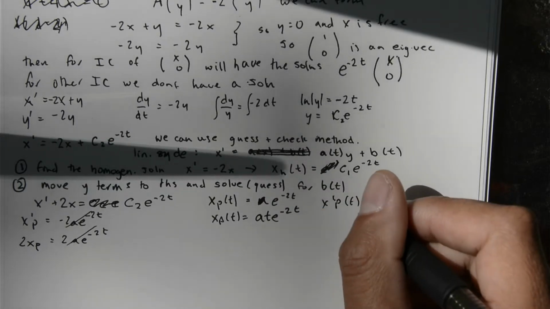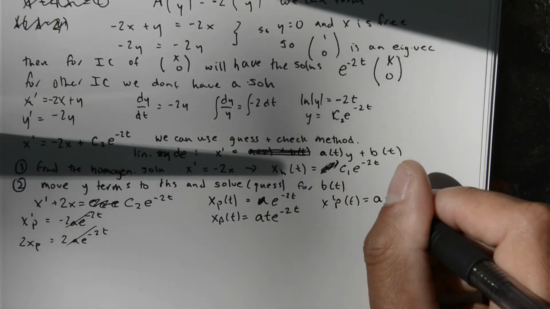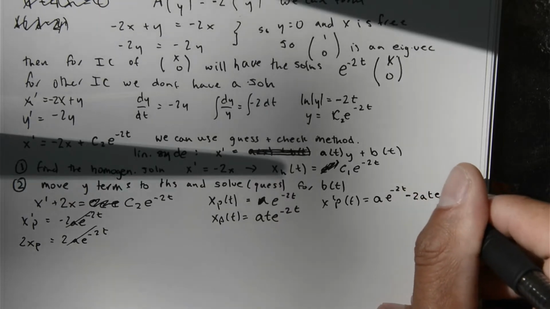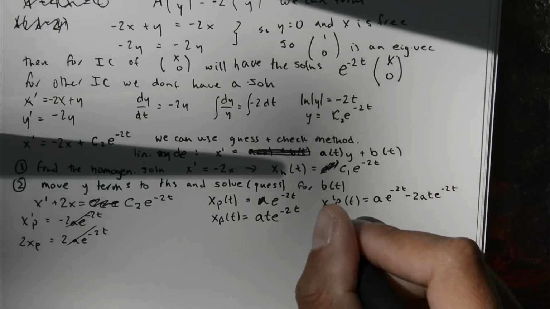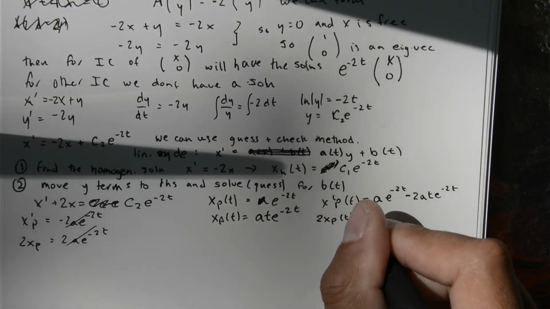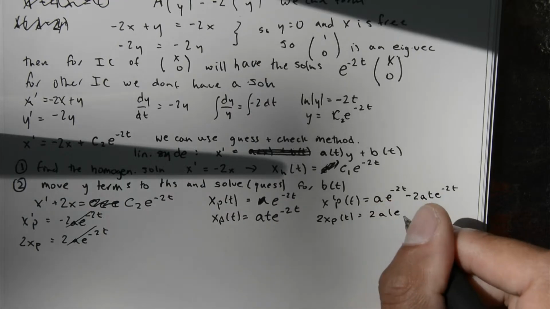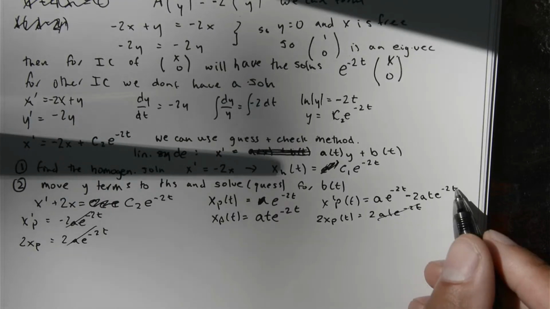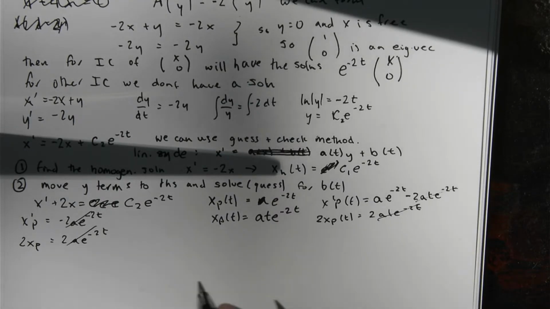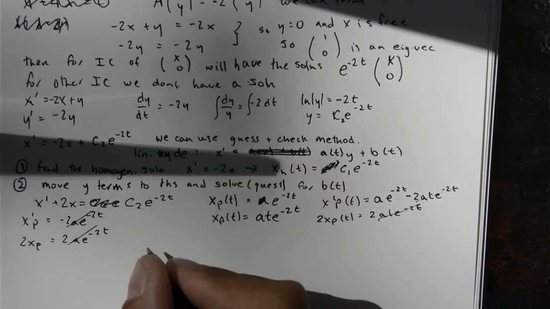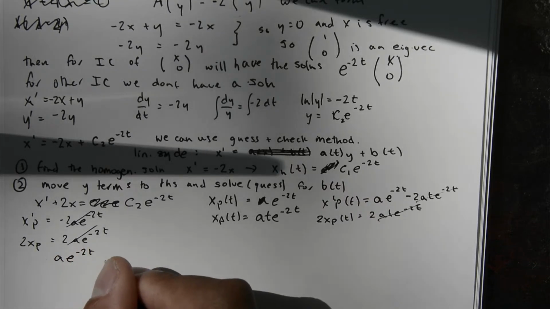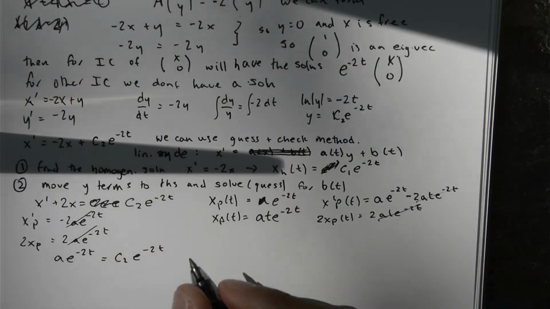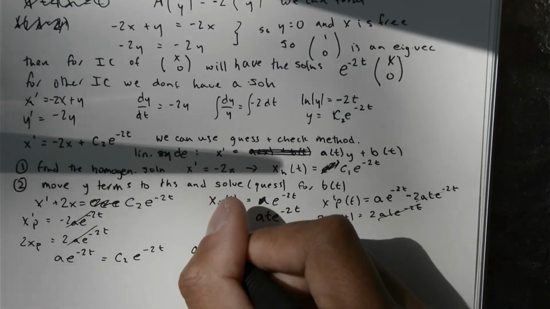So we get a e to the minus 2t minus 2a t e to the minus 2t, and then 2xp is equal to just 2a t e to the minus 2t. And then when we add these together, these cancel, right? So we just get a e to the minus 2t is equal to c2 e to the minus 2t. So clearly all we need is that a is equal to c2.